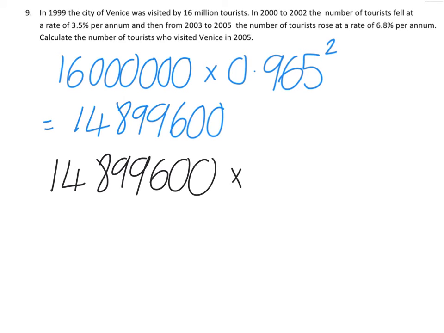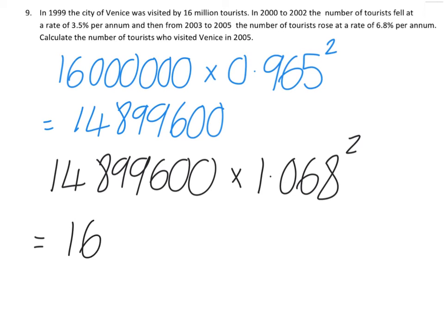So adding that onto 100 gives us 106.8%, and as a decimal that would be 1.068. Again, it rises over a 2-year period, so we can do this step once more on our calculator, which gives us our answer for the number of tourists in 2005.